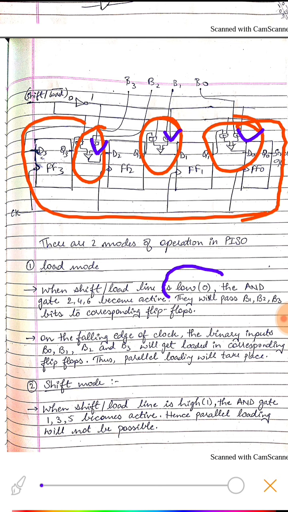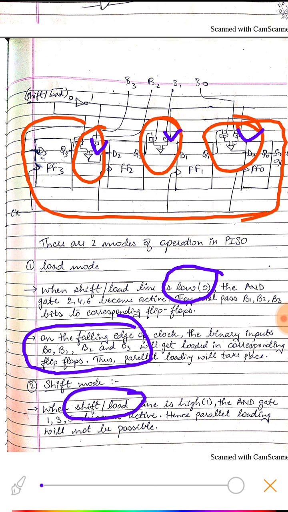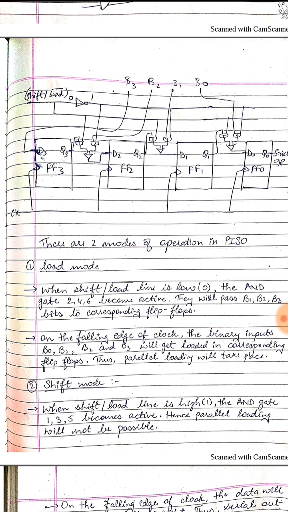If the select line is low, data will be loaded. On the falling edge of the clock, the binary inputs B0, B1, B2, B3 will be loaded in the corresponding flip-flops. Now for the shift mode, if we want to shift the data stored in the flip-flops, the shift/load line, that is the select line, will become high. The AND gates 1, 2 and 3 will become active, and the data will be shifted.